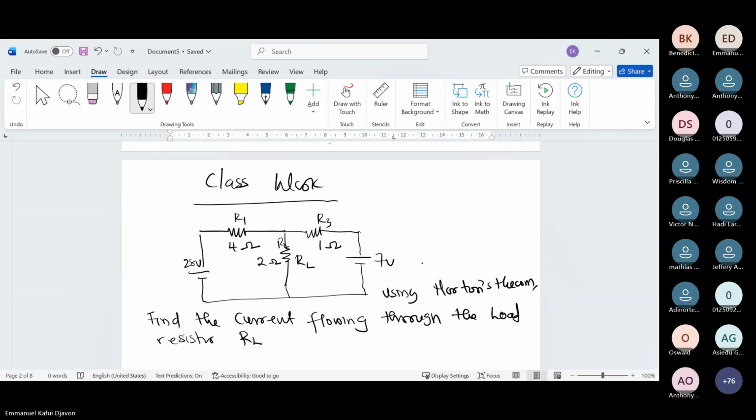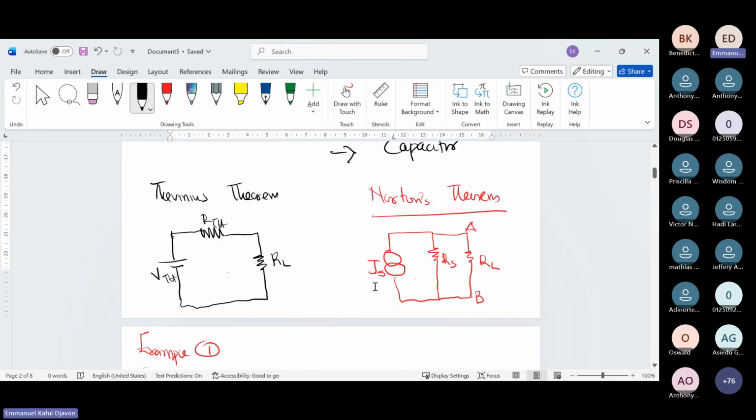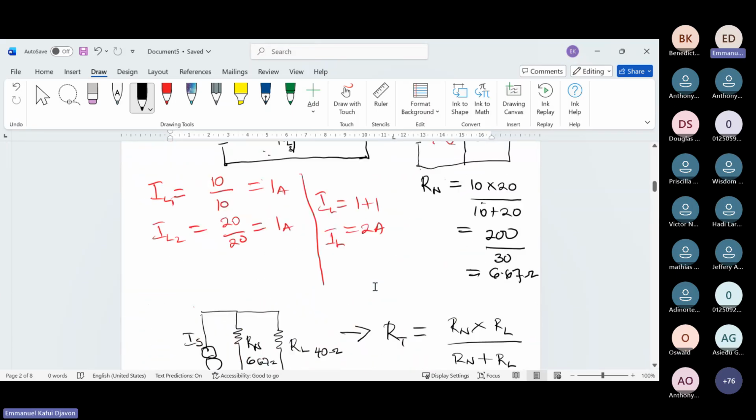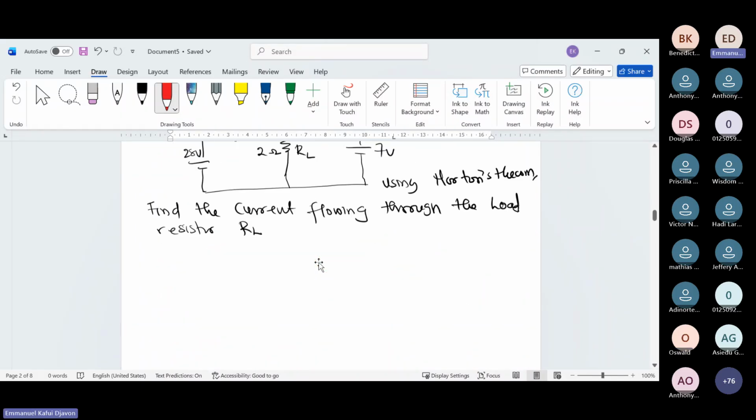It wasn't stated in the question. Yes, the 40 is the load resistor. You will always be making reference to the load resistor, but that is where you're looking for the current flowing.